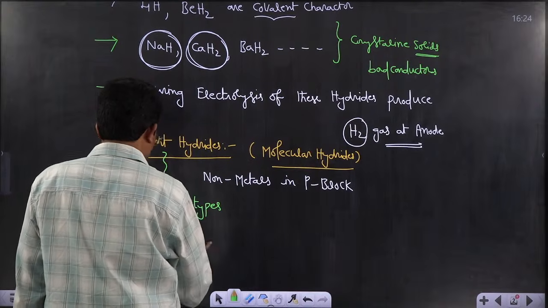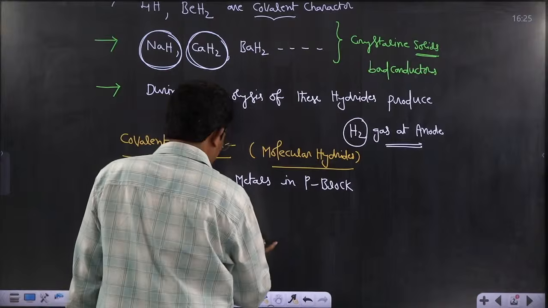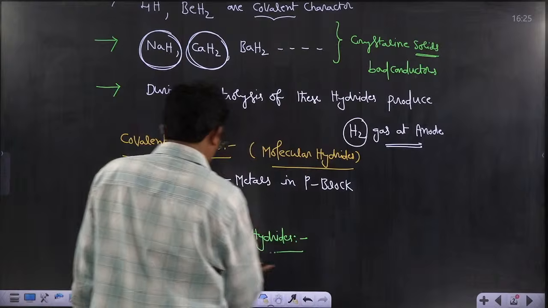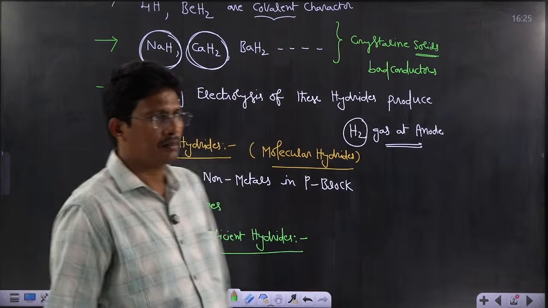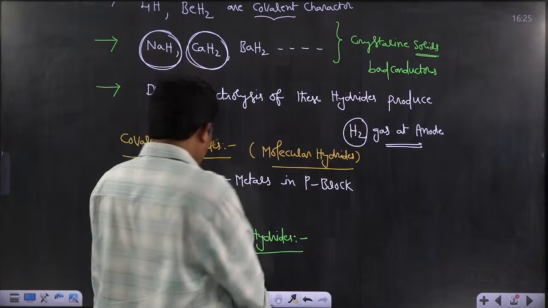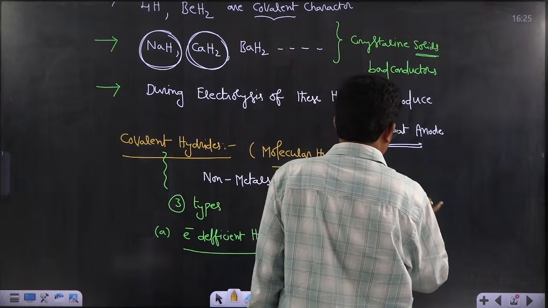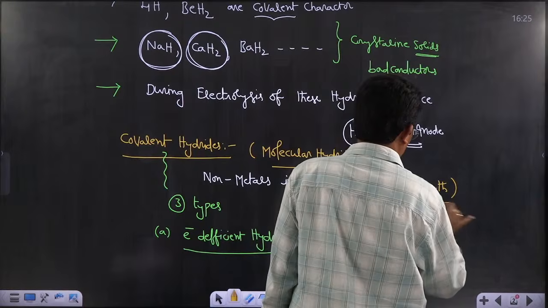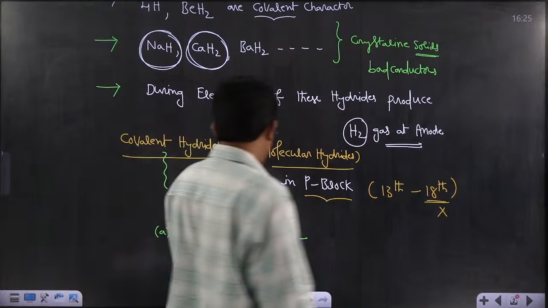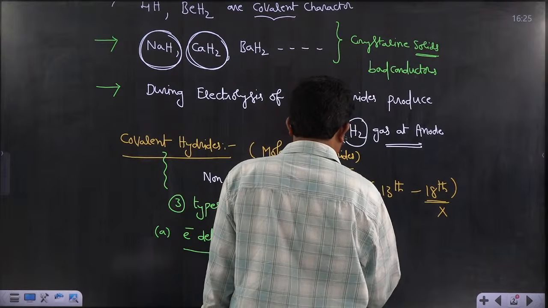First one, electron deficient hydrides. P block contains 13th to 18th. 18th group never form hydrides. 13th group hydrides are called electron deficient hydrides.